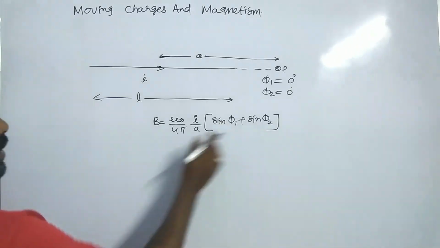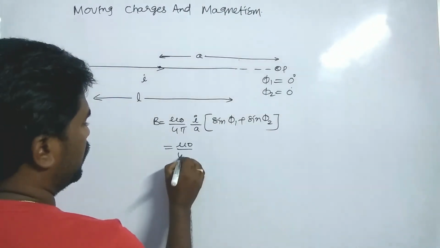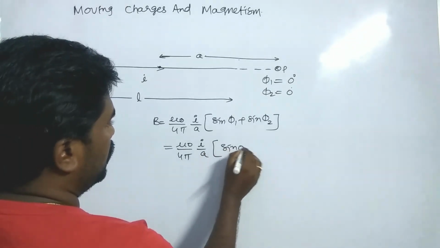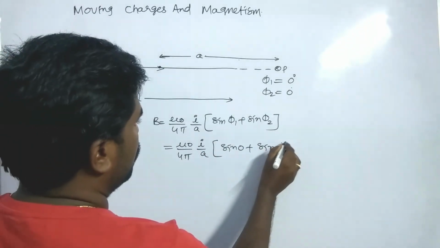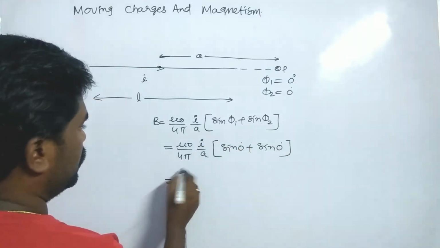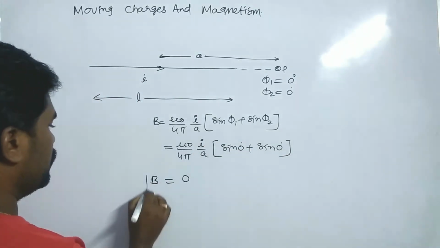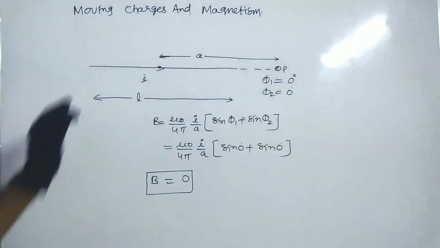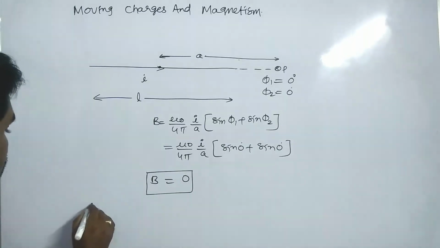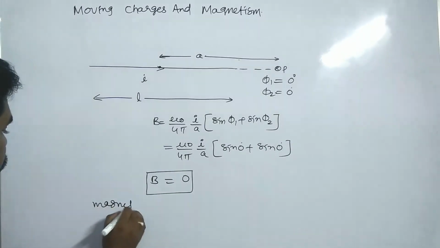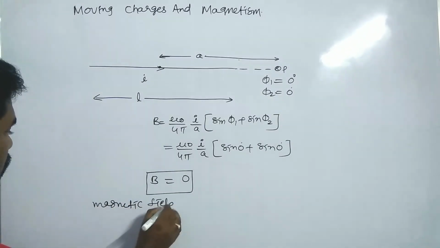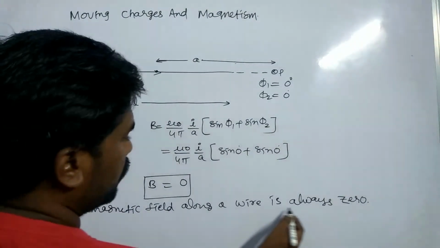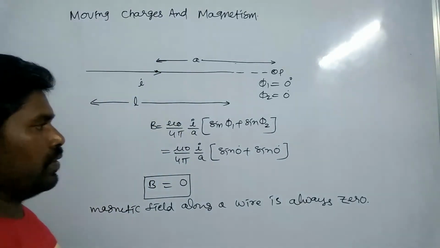Then we can calculate mu naught by 4 pi, I by A, sine 0 plus sine 0. Sine 0 is equal to 0. Therefore, something into 0 is equal to 0. So the magnetic field B is equal to 0. So you can say the magnetic field along the wire is always 0, right?